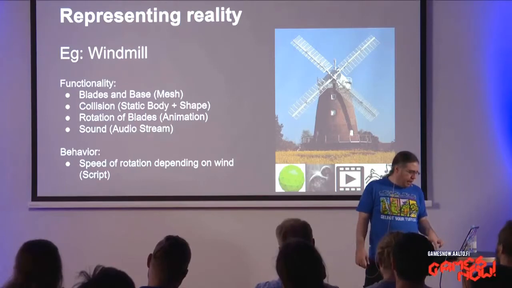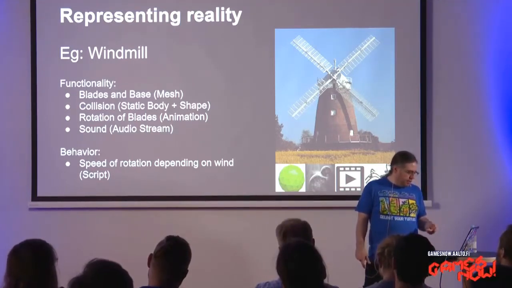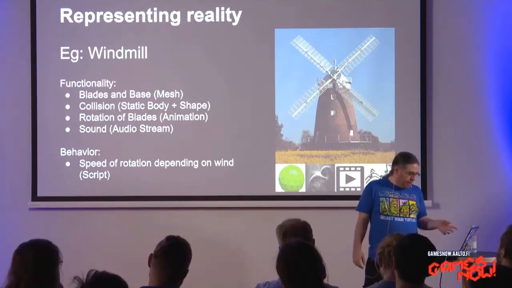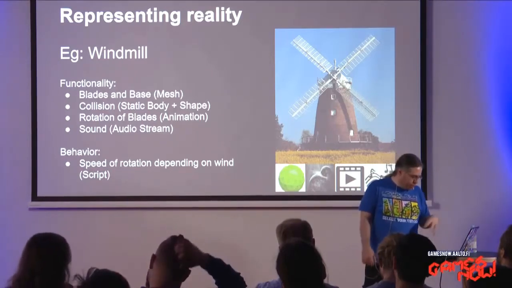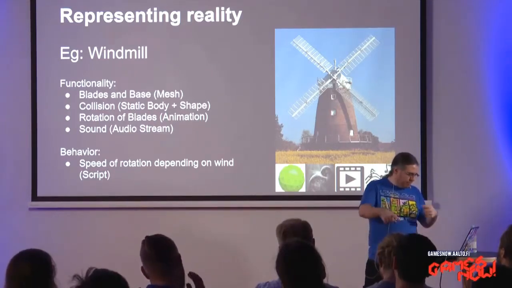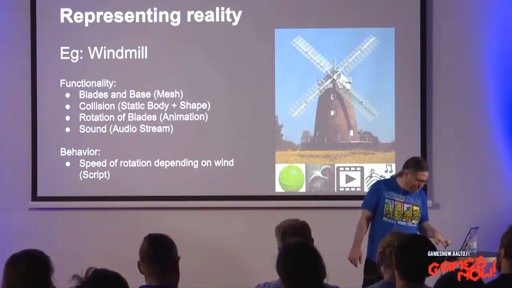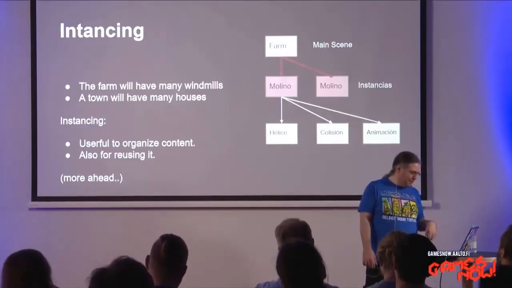And you're gonna have behavior, like the windmill. Maybe you want to change the speed depending on the wind, or maybe it's an RTS game, and this windmill outputs things like flour for your army or something.